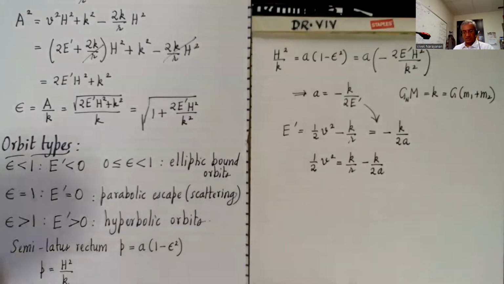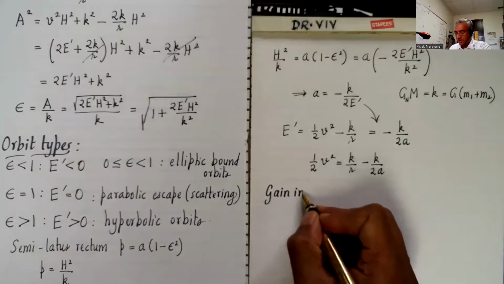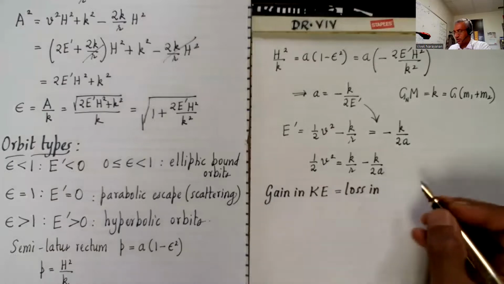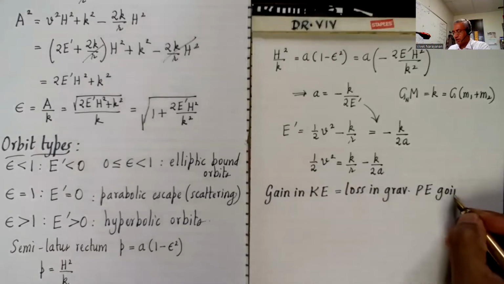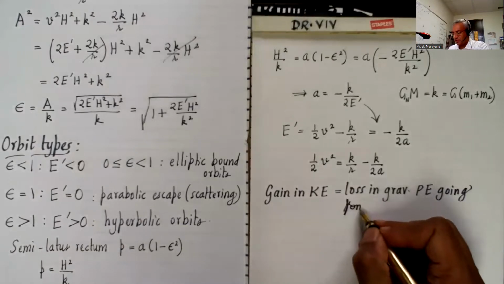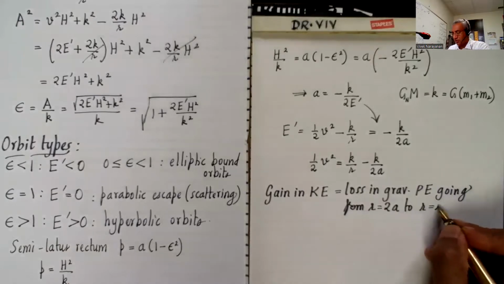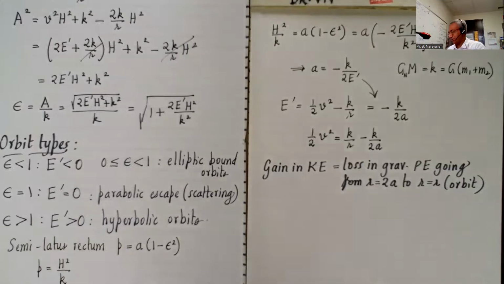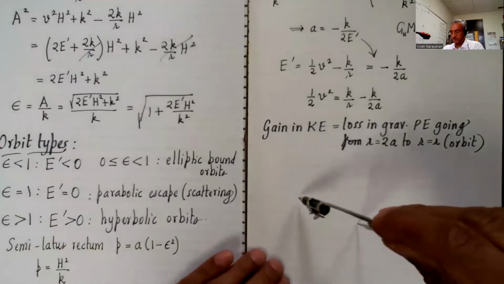And now comes this outstanding geometric interpretation, and that is the gain in kinetic energy is equal to the loss in gravitational potential energy going from r equals 2a to r equals r, i.e. the orbit. So this gives a completely different interpretation for the Kepler problem. Let's draw a circle of radius 2a first.